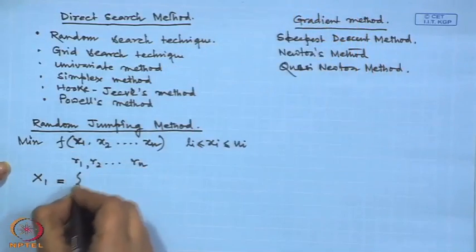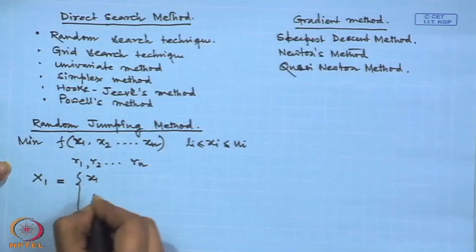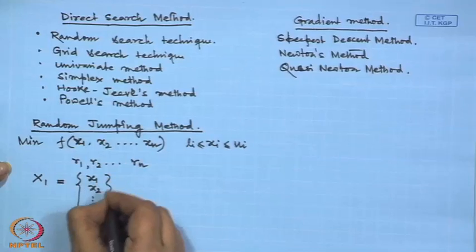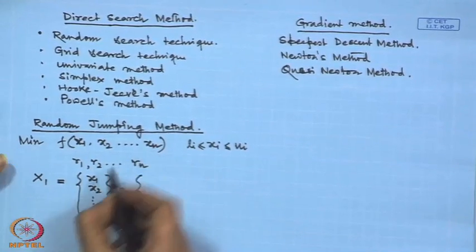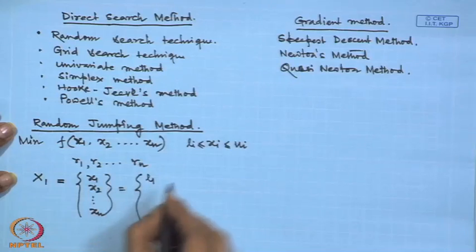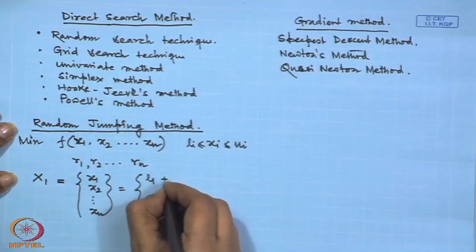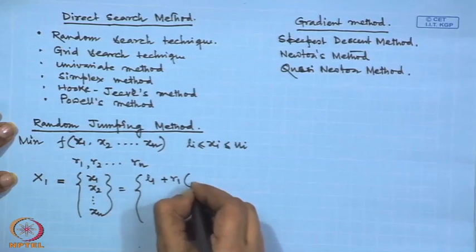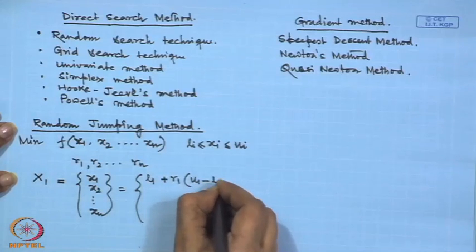That is the objective. Now, we can generate the first point in this way, x1, x2, xn. How can we generate it? We will use n random numbers, and we will write it down as L1 plus R1 into U1 minus L1.